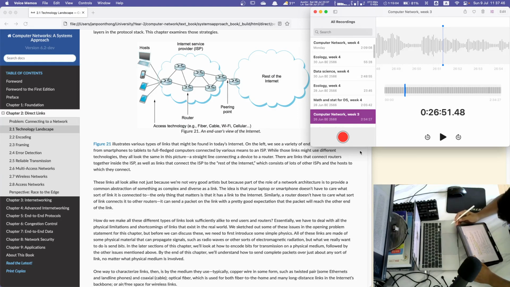The only thing that matters is it has a link to the internet. Similarly, a router doesn't have to care what sort of connection it is connected to.